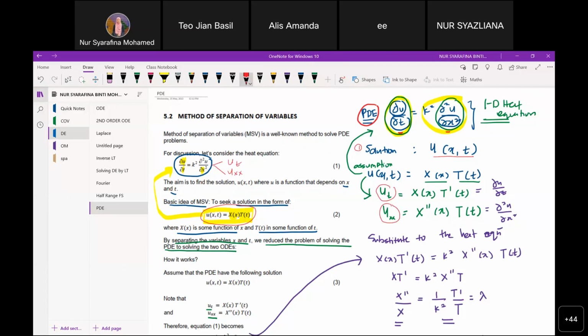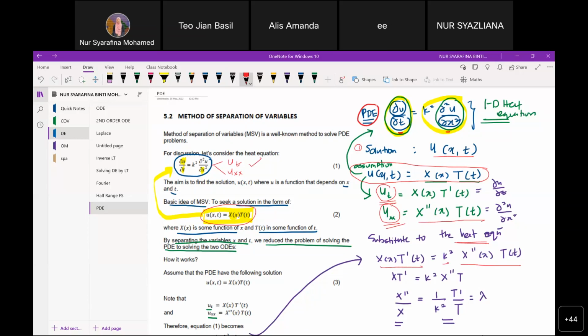So that's why you differentiate the expected solution, our assumption. Once you differentiate, you substitute into the heat equation. So del u del t now is X T prime, k squared is k squared, and del squared u del x squared is X double prime T.